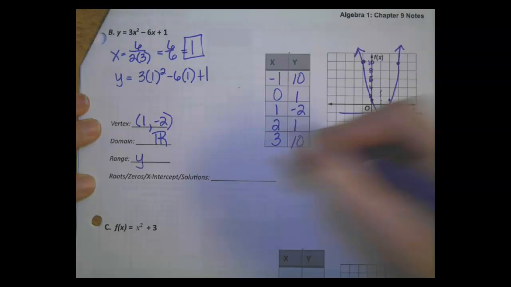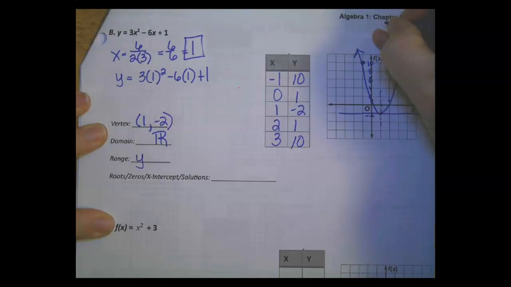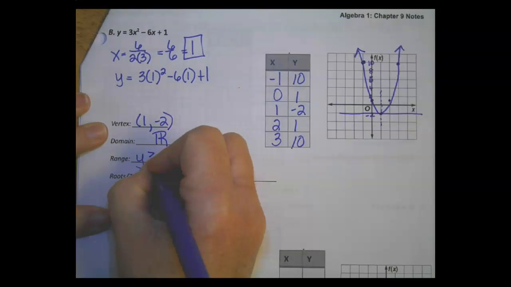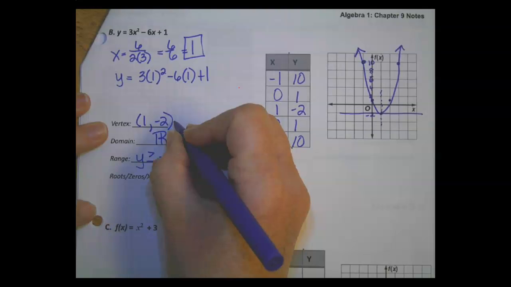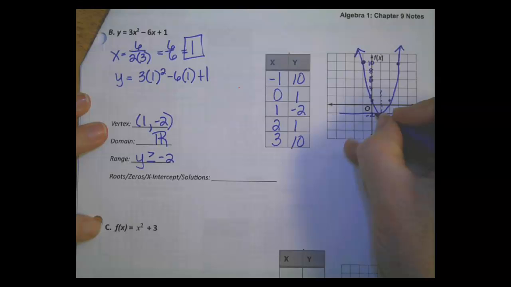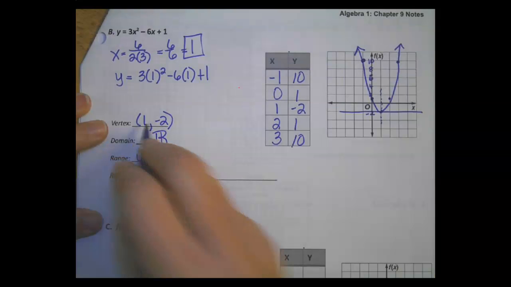So all my y values are greater than or equal to -2. So I can get my -2 from here or the y value of my vertex. And again, my axis of symmetry is really the x value, so it's 1, of my vertex.